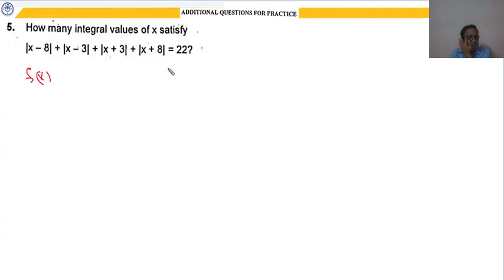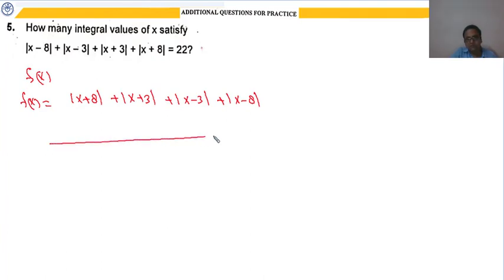Then see how many values of x we get for this value as 14. So we write this as f(x) is equal to |x plus 8| plus |x plus 3| plus |x minus 3| plus |x minus 8|.